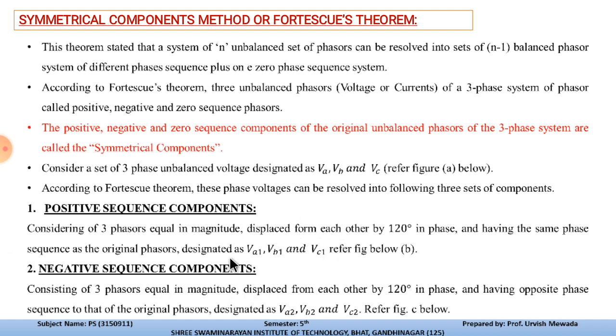The negative sequence consists of three phasors which are equal in magnitude, displaced from each other by 120 degrees, but having the opposite phase sequence of the original phasors. So when in the positive sequence we have considered VA1, VB1, and VC1, the opposite phase sequence means VA1 will become VA2, VB1 will become VB2, and VC1 will become VC2. So this is called the negative sequence of the system.